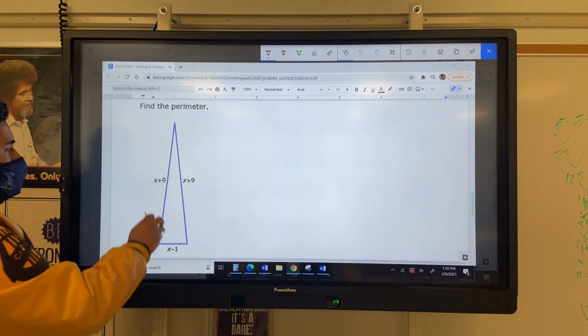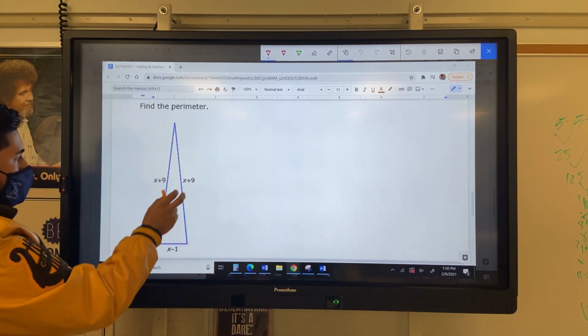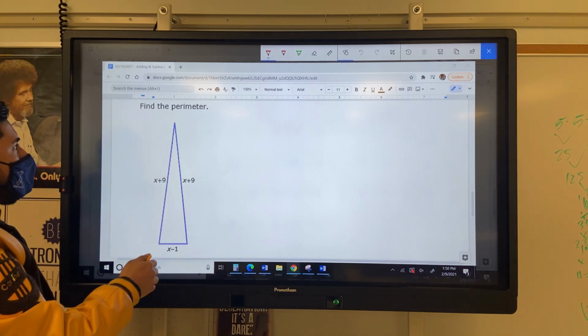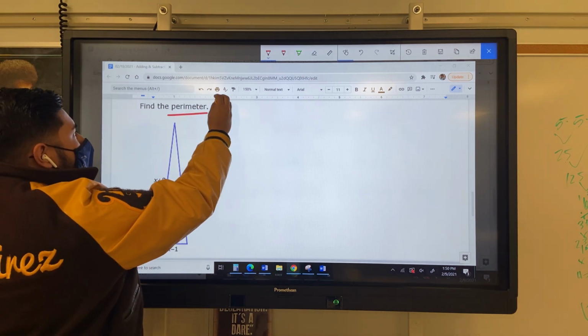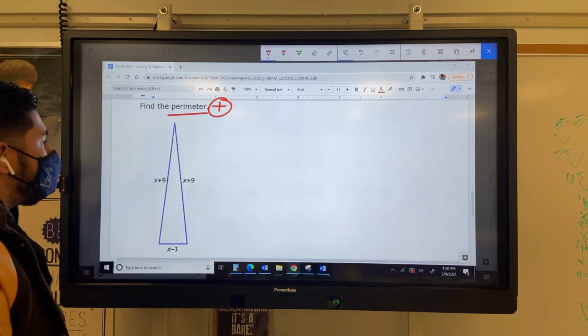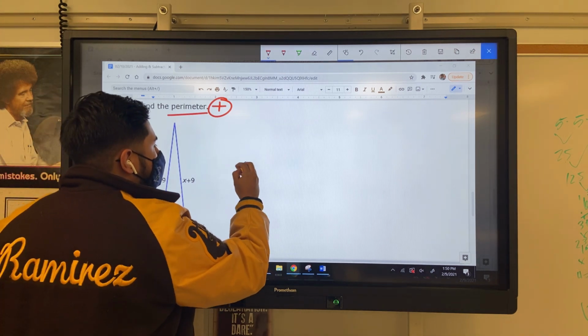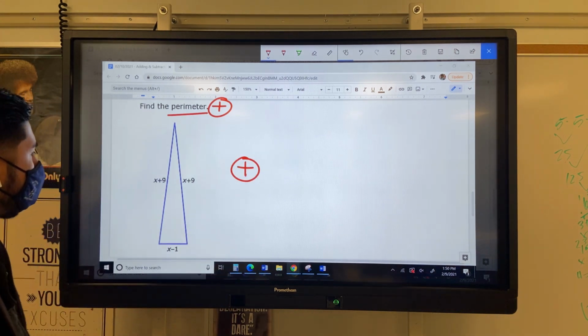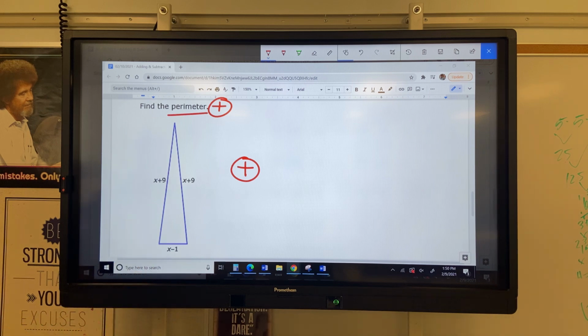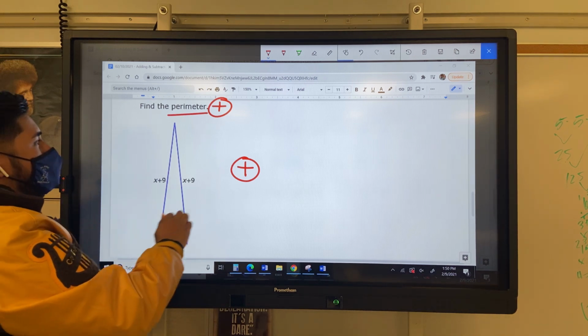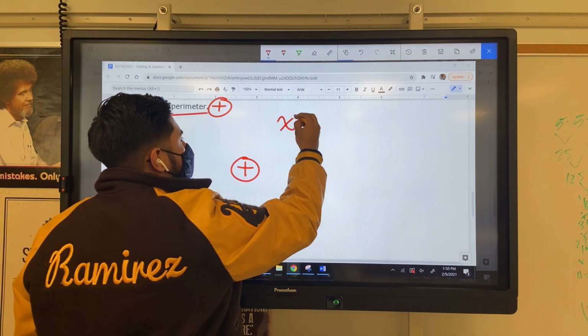You could do one of two things. You could line them up, or you can just say, okay, I know all of them are two partners. Perimeter means add. So we can just do the adding. So I got adding right here. I'm going to put x plus 9.